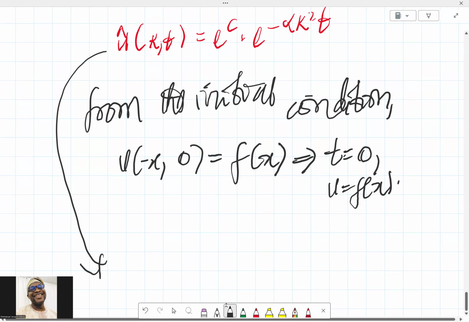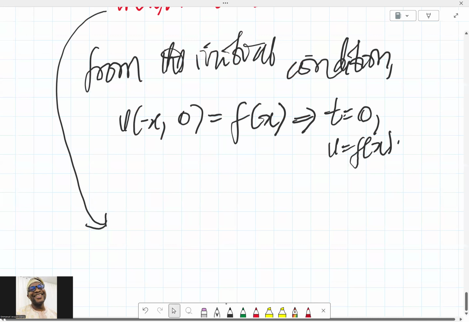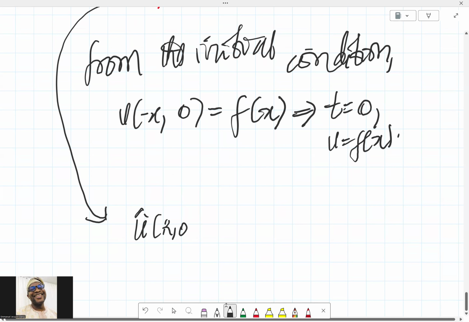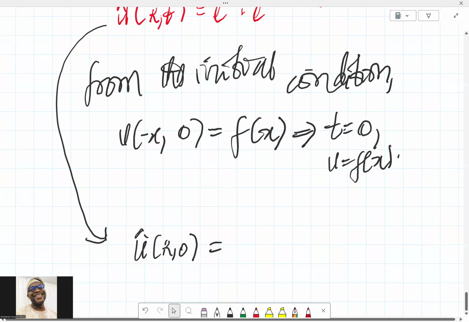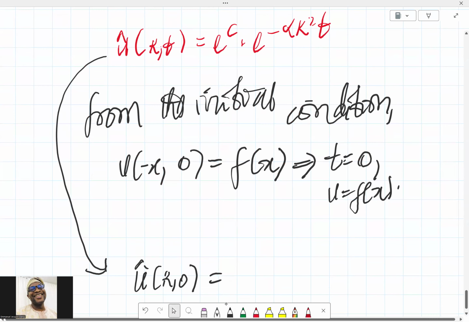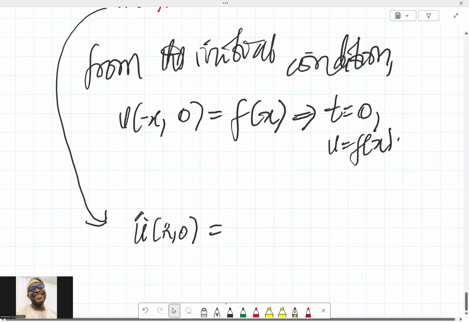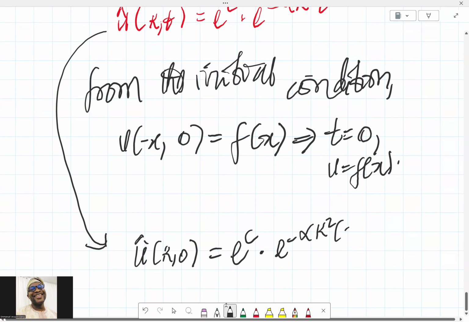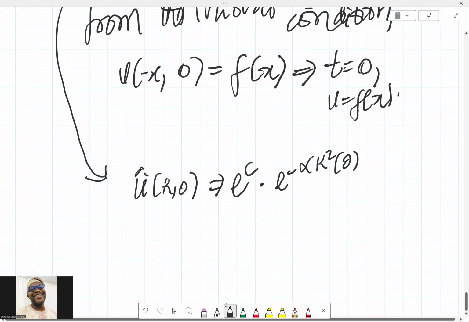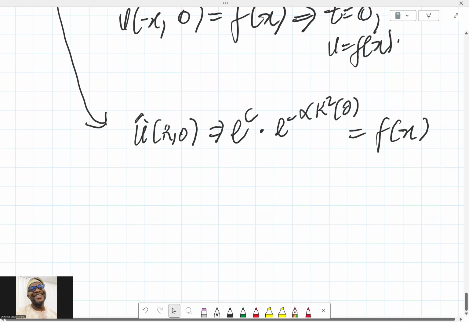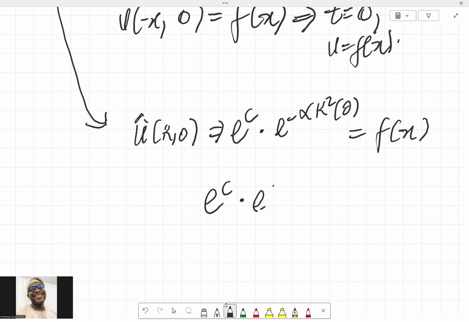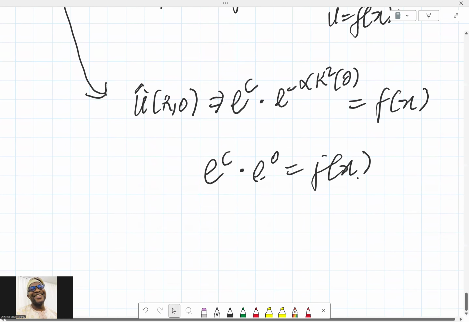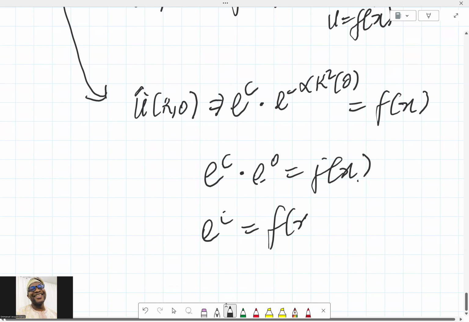So we have u cap of k comma 0, and that would be e raised to the power c times e raised to the power minus alpha k squared times 0. This whole thing is equal to f of x. So e raised to the power c times e raised to the power 0 is equal to f of x, which means e raised to the power c is simply f of x.